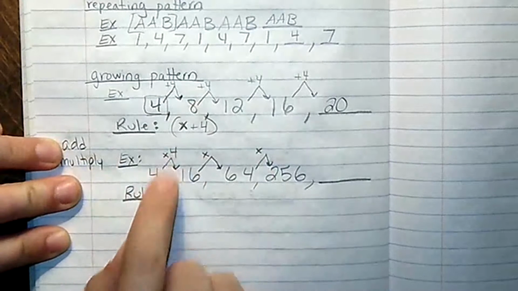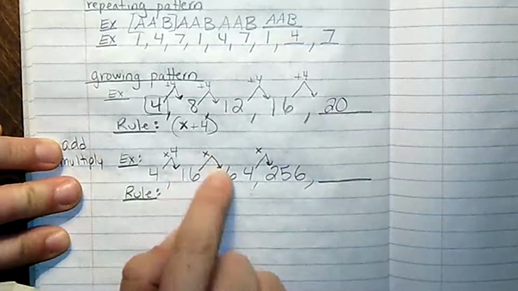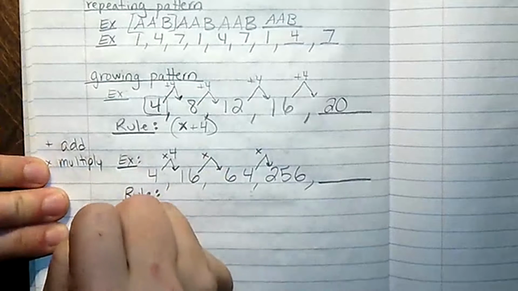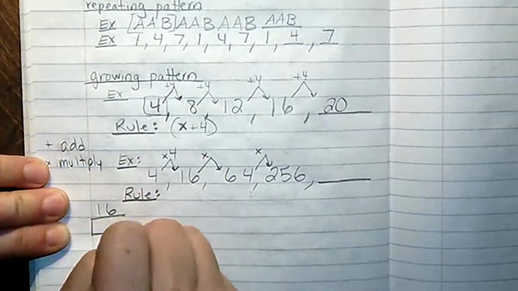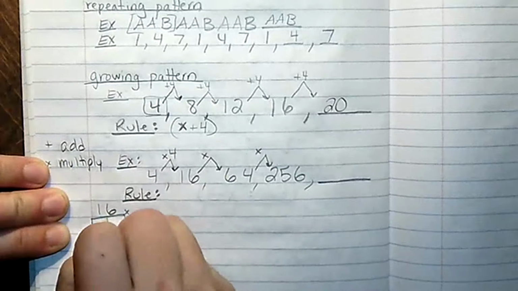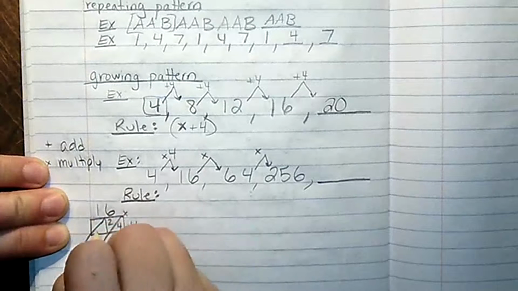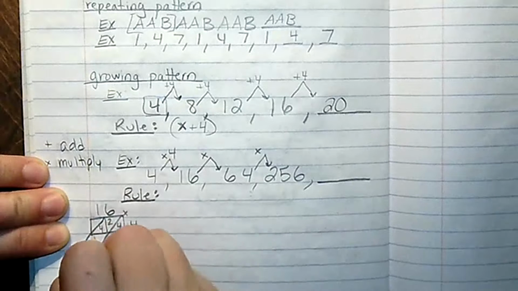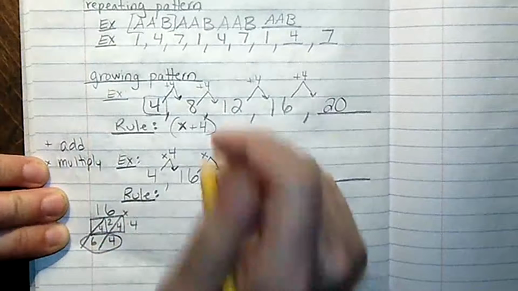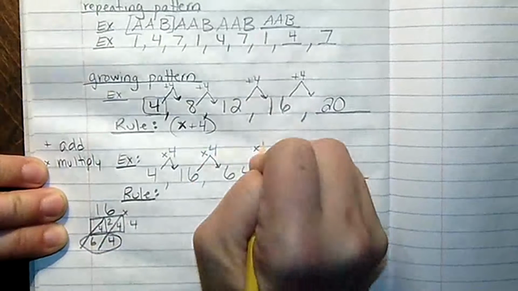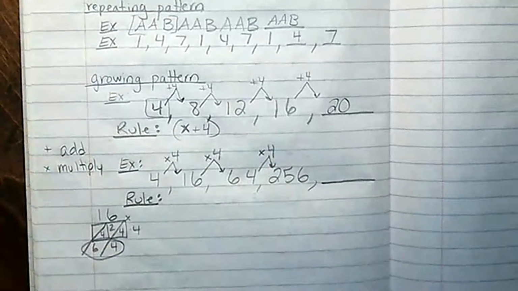Well, times 4 could be my rule. Let's see what 16 times 4 is. I don't know it in my head, so I'm going to try it with lattice. 16 times 4, 24, 4. That's 64, and that's what I had. So we did find my rule. My rule is times 4.